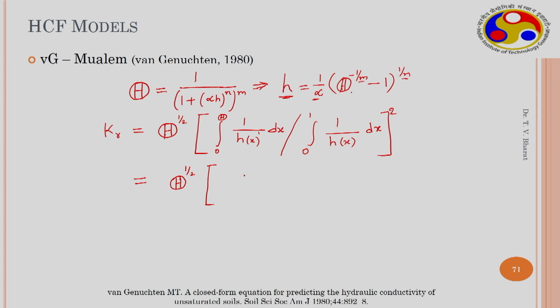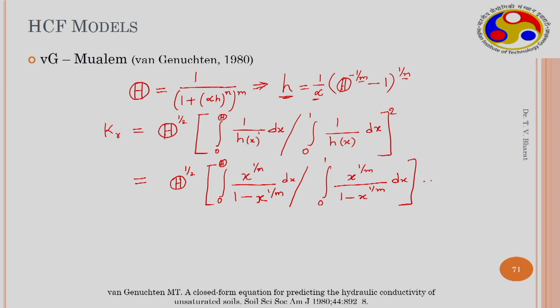So when you write this expression as 1 by theta power minus 1 by m, this can be written with the integral variable x as integral 0 to theta x power 1 by m divided by 1 minus x power 1 by m dx, divided by integral 0 to 1, the same expression, x power 1 by m divided by 1 minus x power 1 by m dx.